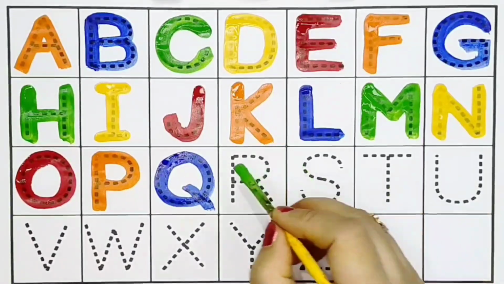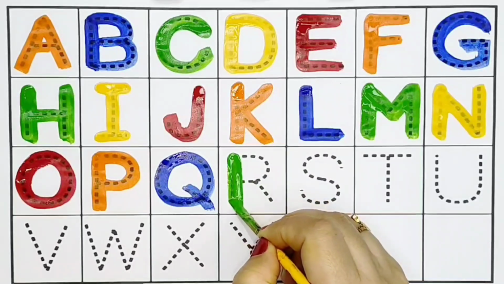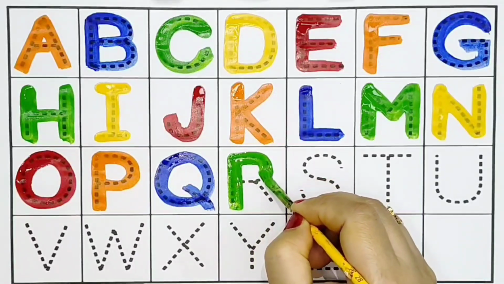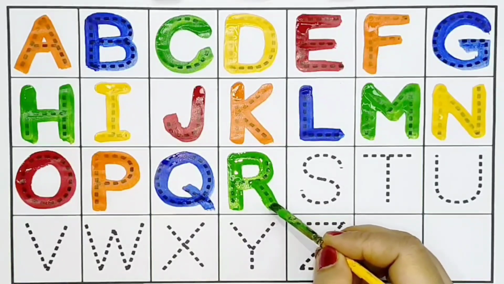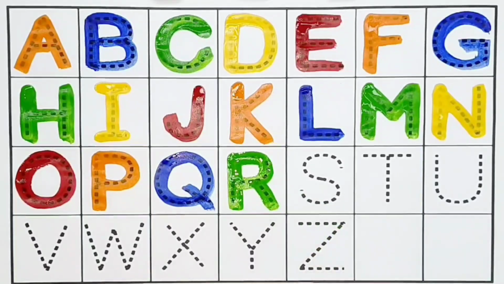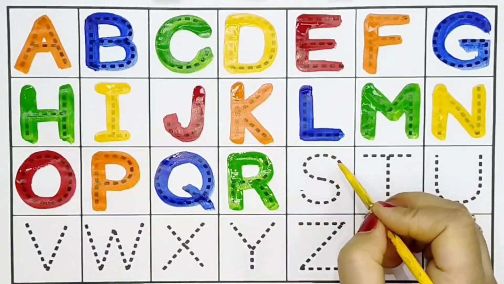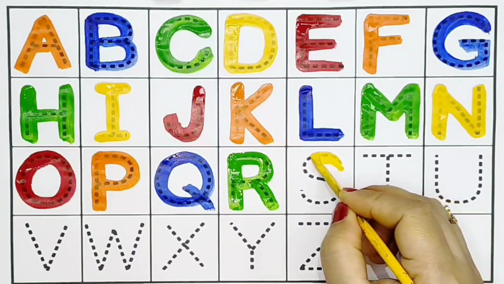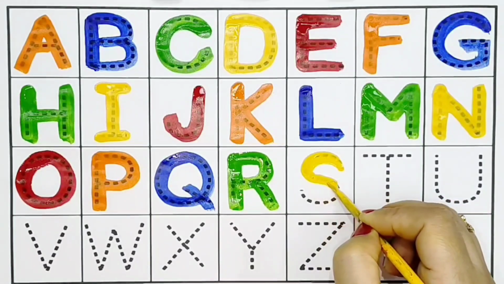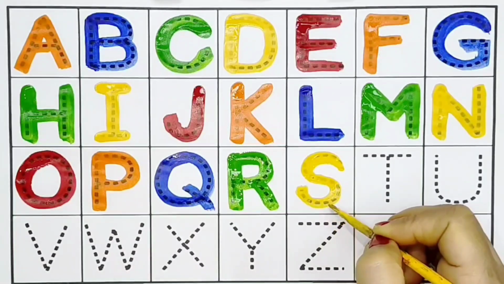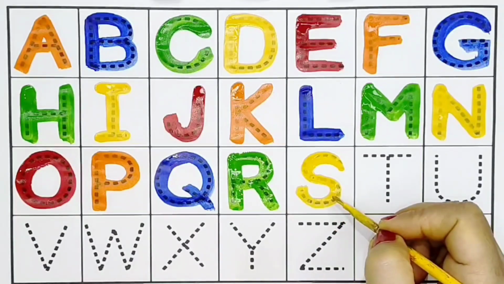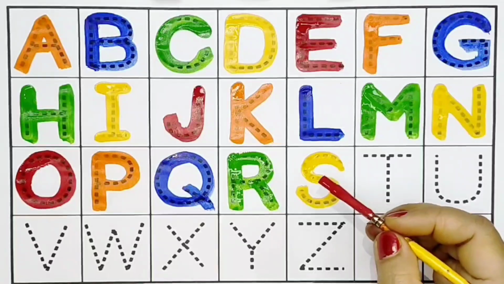Light green color. R for rainbow. Yellow color. Sunflower. Red color.